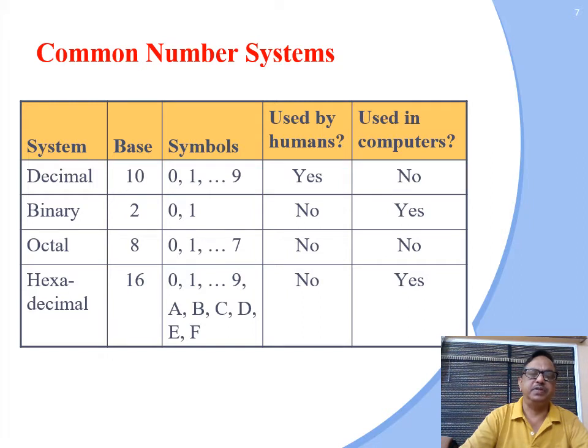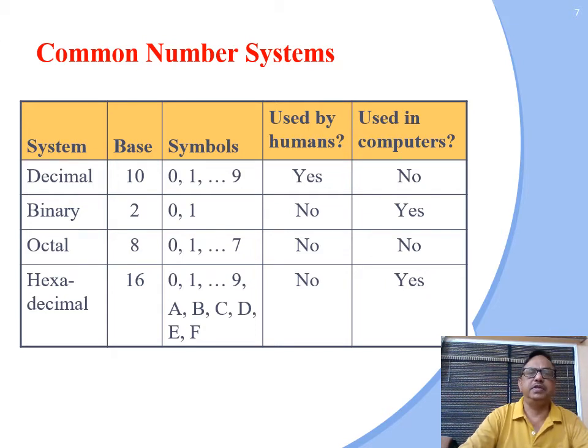And binary number system has two distinct symbols. That is why the base of binary number system is 2. And is it used by human beings? No, it is used by the computers, of course, yes, because machine language uses the binary number system.